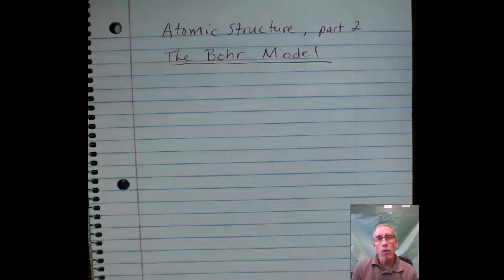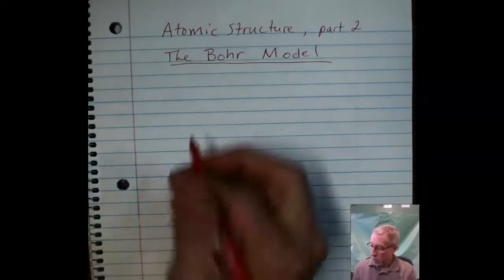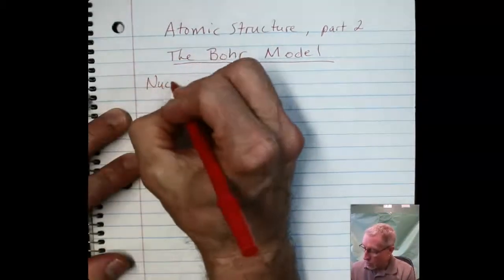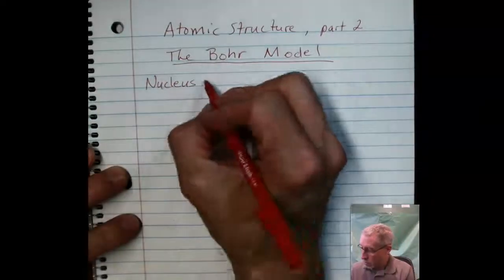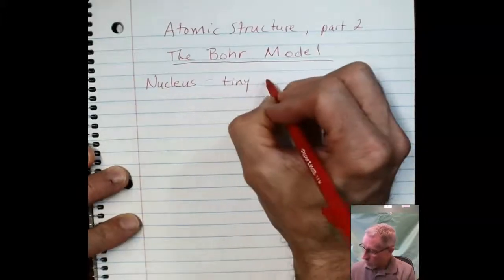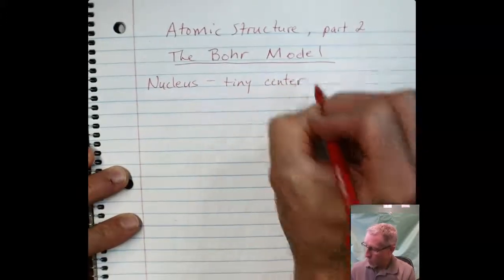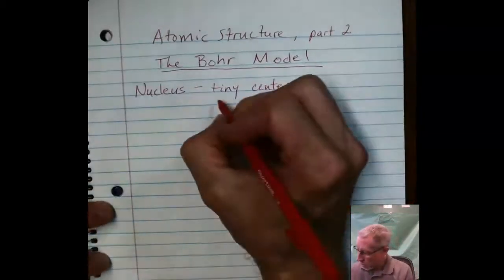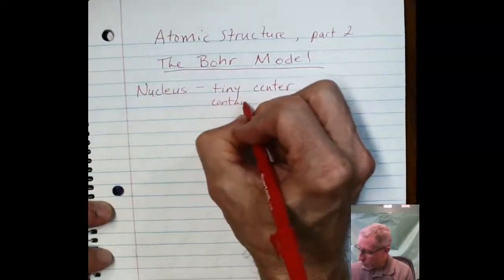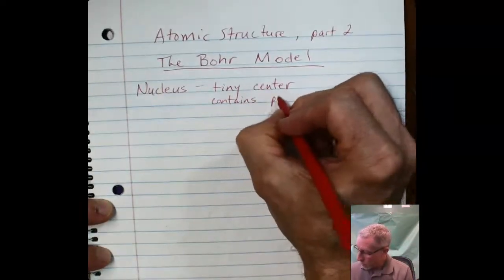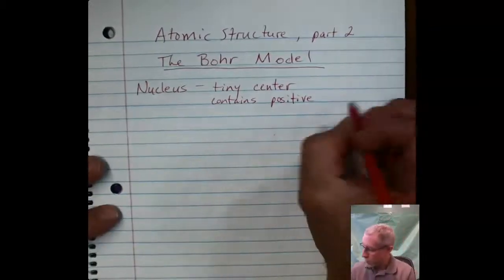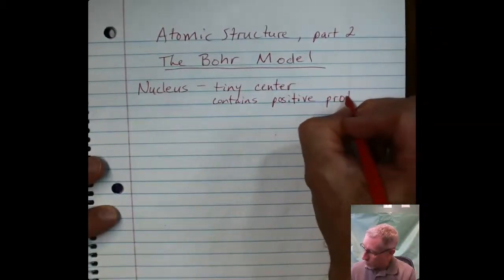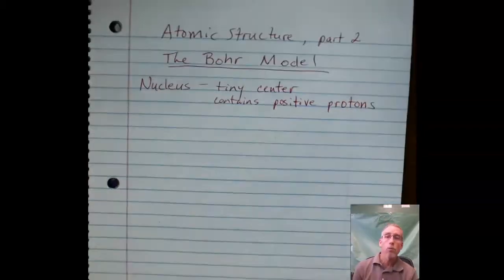Okay. So before I draw, I want to describe some of the features of the Bohr model. So he definitely knew from Rutherford's experiment that there was this small little nucleus, a tiny center, and it contains positive, and at the time he didn't necessarily know what the names for these things are, but we have come to call these positive little particles protons.